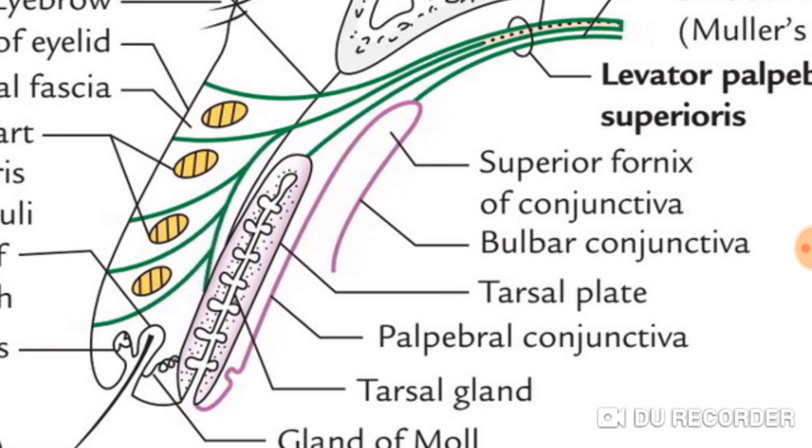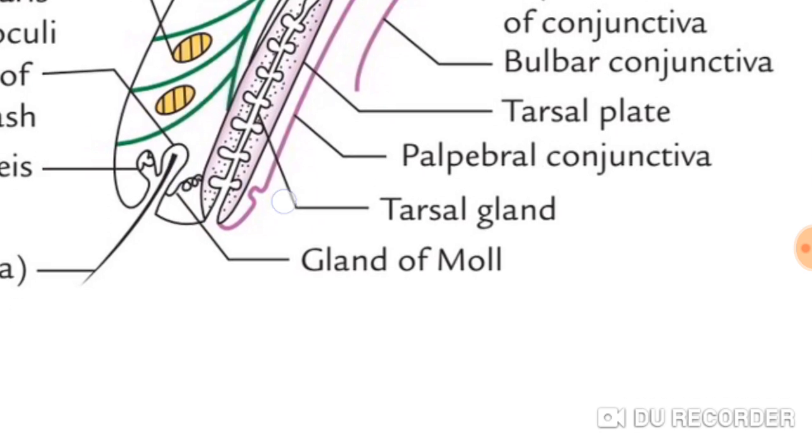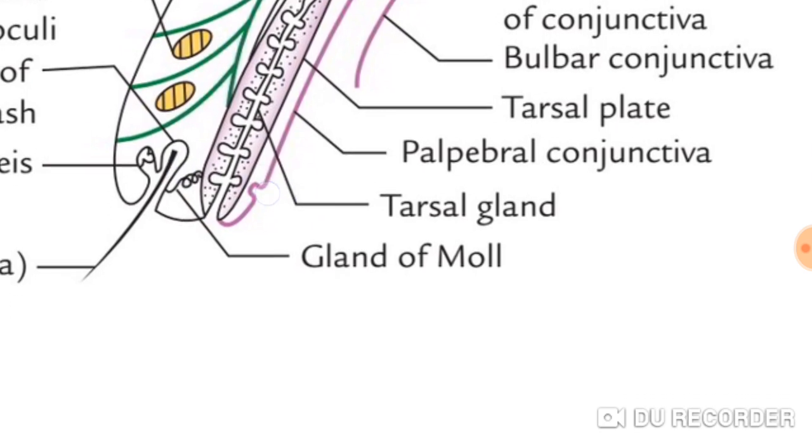It is running throughout, and if any foreign body enters the eye, there is very much probability that it will be lying in this subtarsal sulcus. It is called the subtarsal sulcus. It runs throughout the eyelid at the undersurface, and it lodges any foreign material that enters the eye.